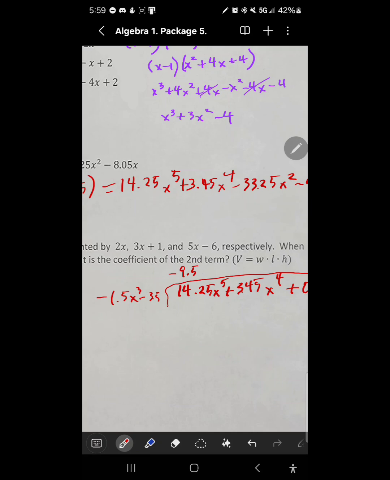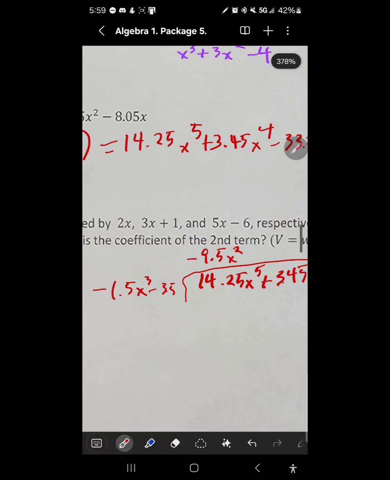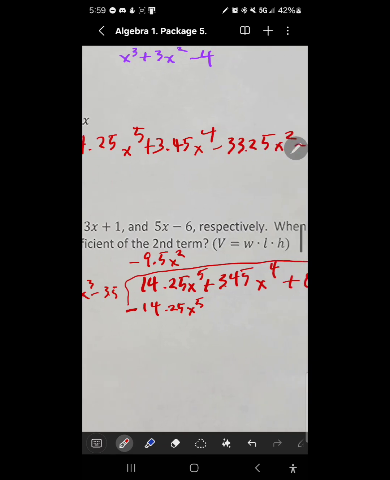And then what I multiply by x cubed to get x to the 5 will be x squared. So x squared times x to the 3 is x to the 5. Now I'll write the value because that's the same value I got, but you know that negative times negative is positive, so here we write the opposite. We know the answer is positive, but we always need to write minus the answer.